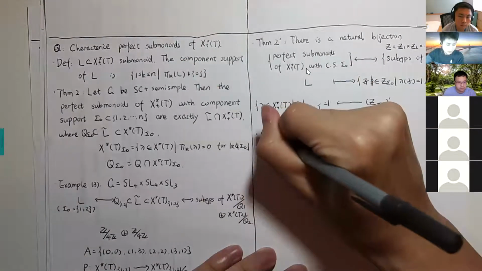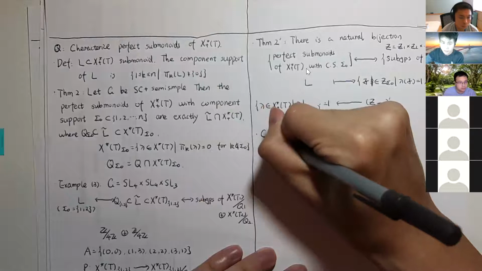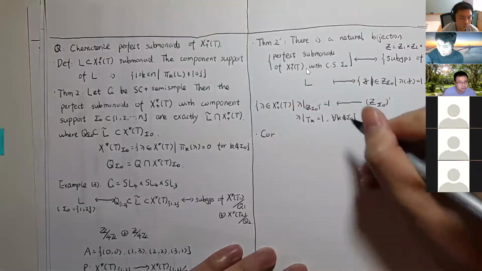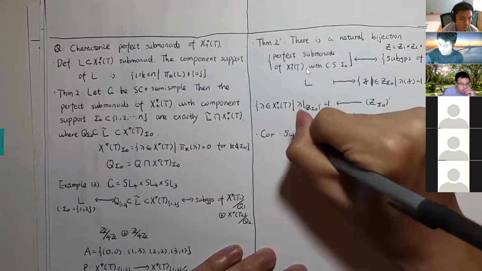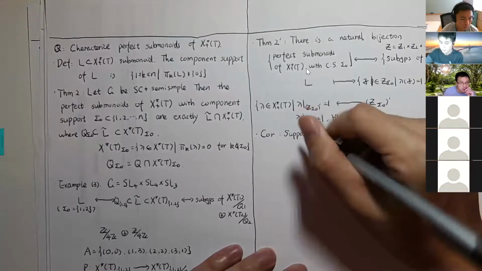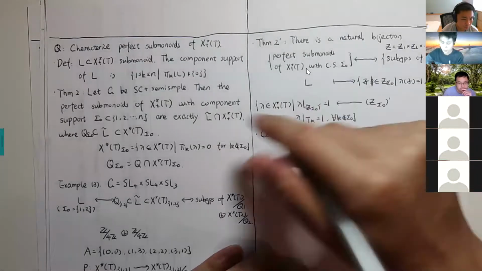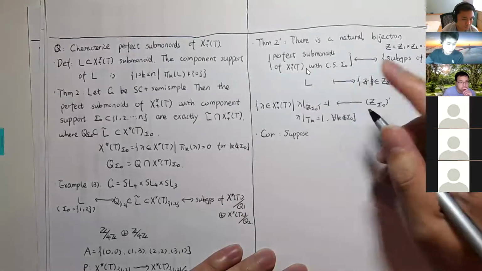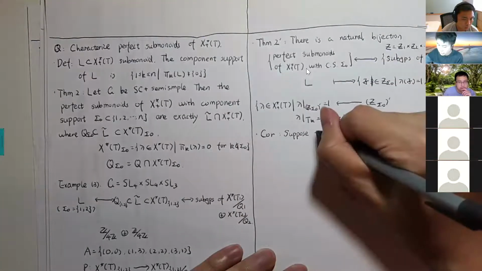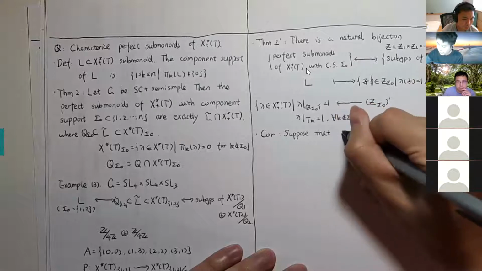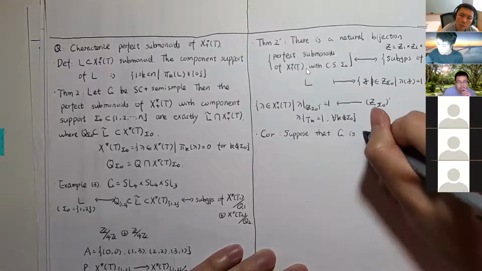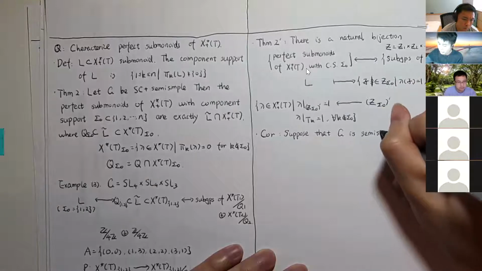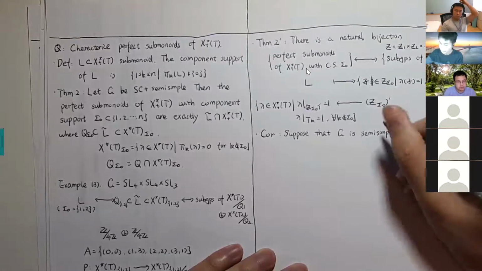And based on these characterizations, we have the corollary. As we said, we reduce this to the simply connected case for convenience, but these results are actually for general G, not just simply connected.